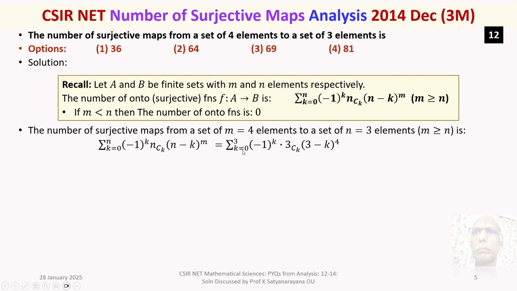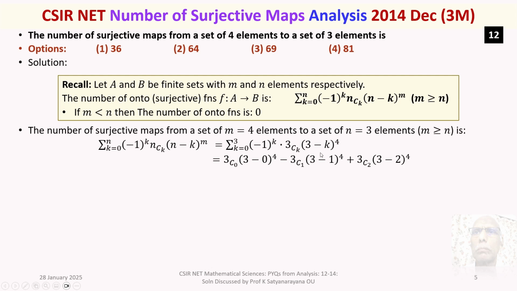Now, for k equal to 0, you will get 3C0 into (3 minus 0) to the power of 4, minus 3C1 into (3 minus 1) to the power of 4. Minus, because minus 1 to the power of 1 is minus 1. When k is equal to 2, minus 1 to the power of 2, that is plus 1, into 3C2 into (3 minus 2) to the power of 4.